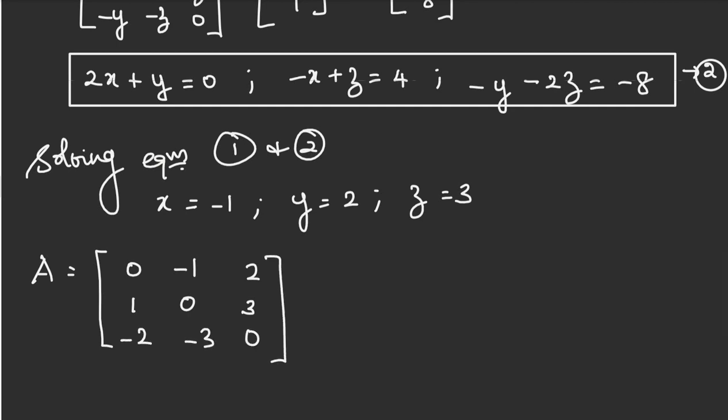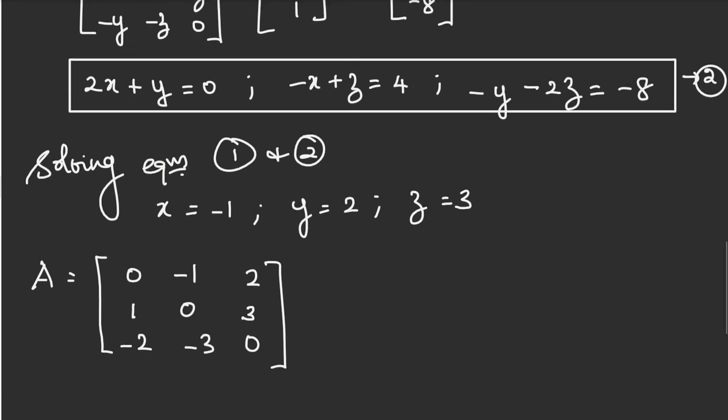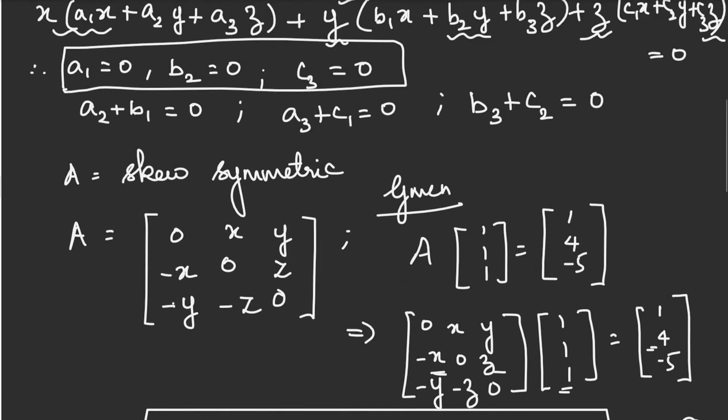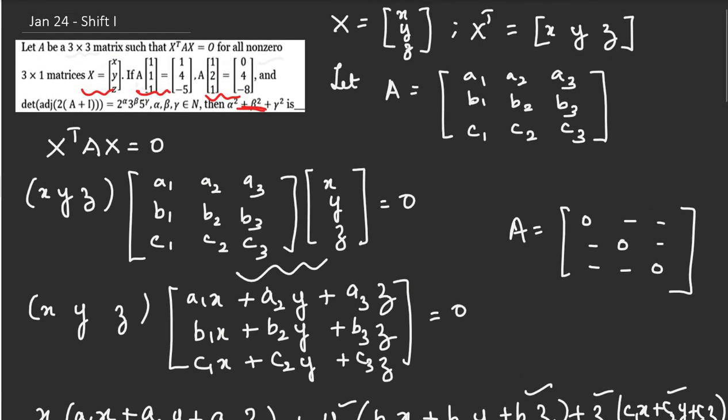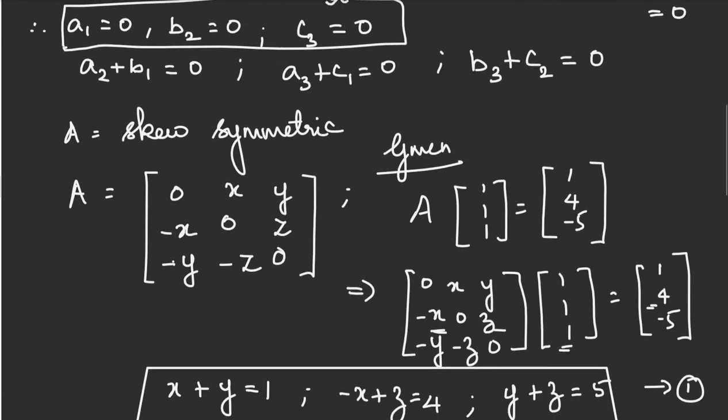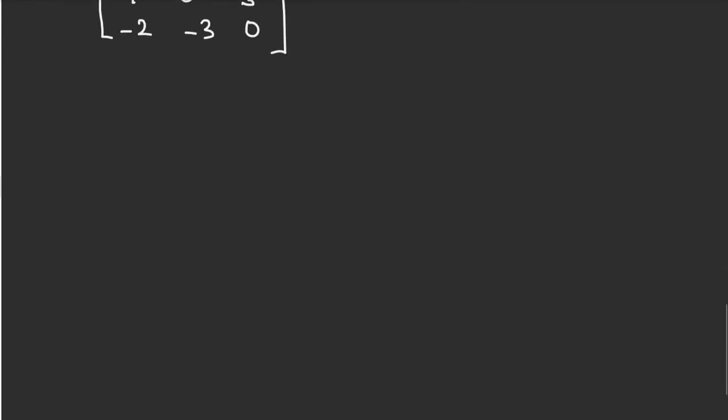This is the skew symmetric matrix A. But what is the question we have to find here? The determinant of adj of 2 times of A plus I is equal to 2 power alpha, 3 power beta and 5 power gamma. Therefore, we are going to find what A plus I is.